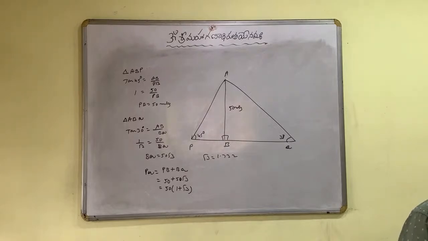Oh, 52.732. Ashi, very good. Because 1 plus 1.732 is 2.732. So 50 into 2.732, I think. You added it in a quick.